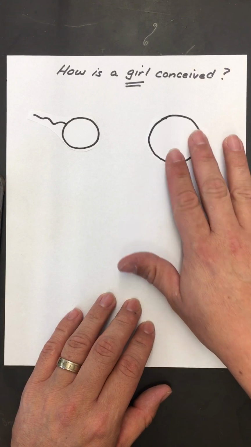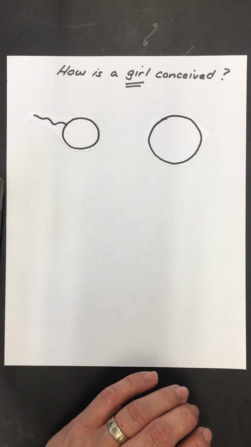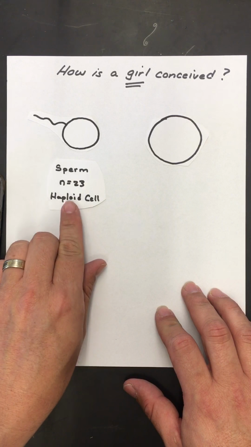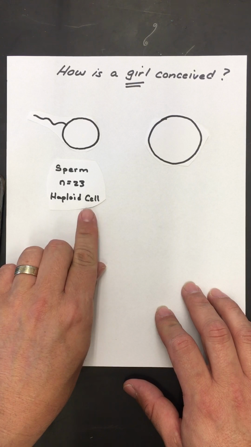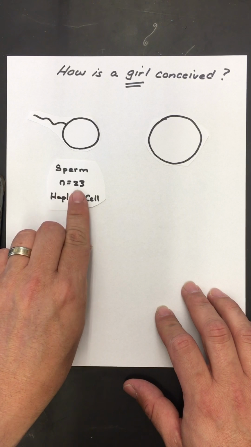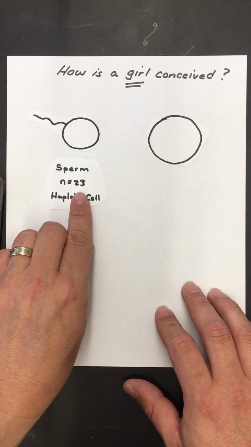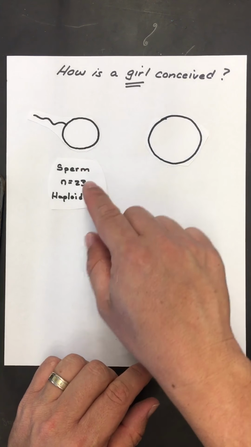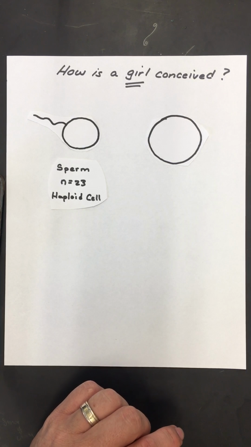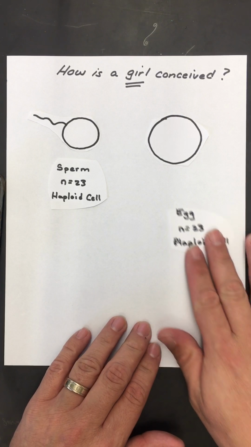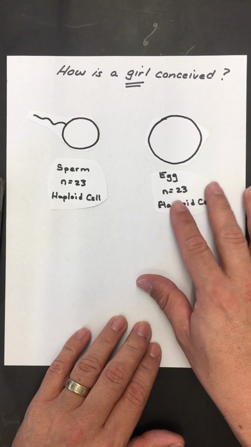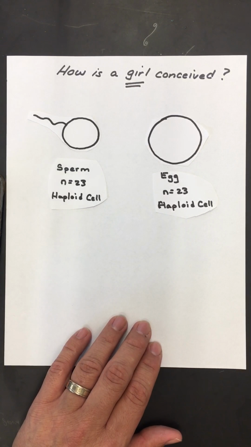So just like before, and just like last video, we talked about how sperm are haploid cells, a haploid cell because it has 23 chromosomes. It has half of what a normal cell would have, okay? So sperm, haploid cell. Egg, also a haploid cell, okay, has n equals 23, which means it has 23 chromosomes inside of it.